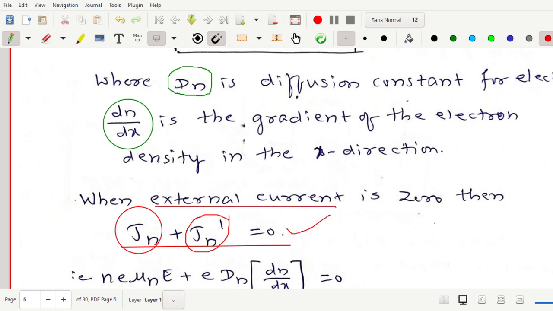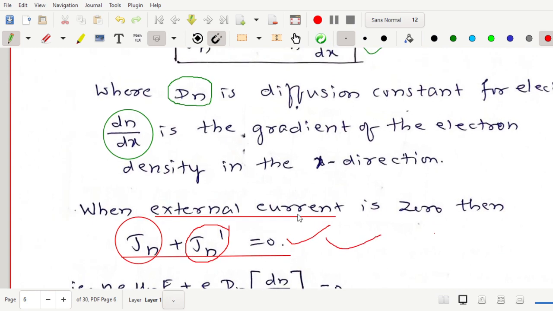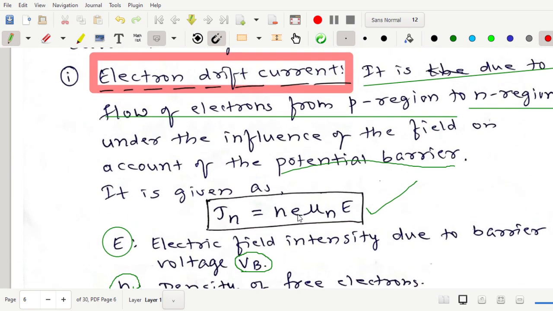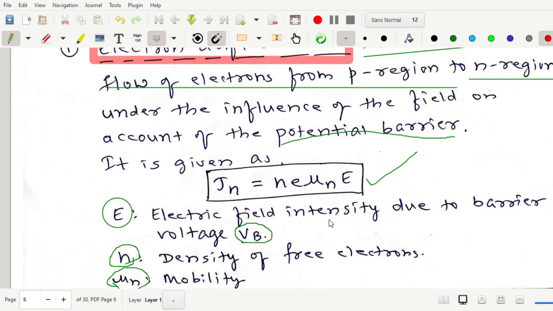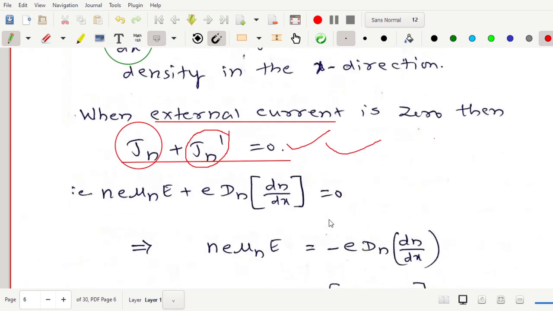Now what we have to do is bring the value of Jn and the value of Jn dash and substitute it in this equation. So the value of Jn is equal to n e mu n E, which is substituted here.